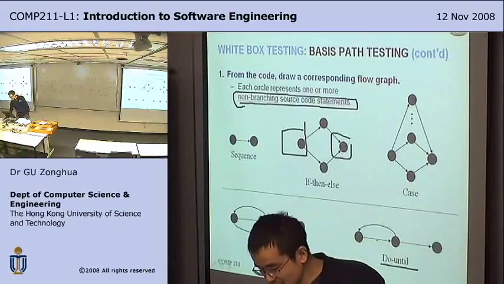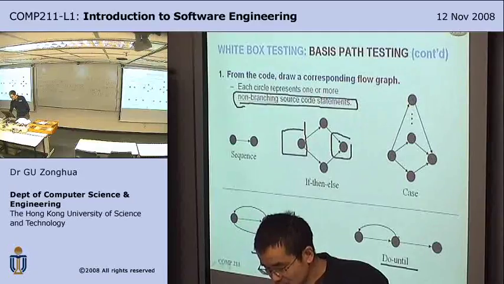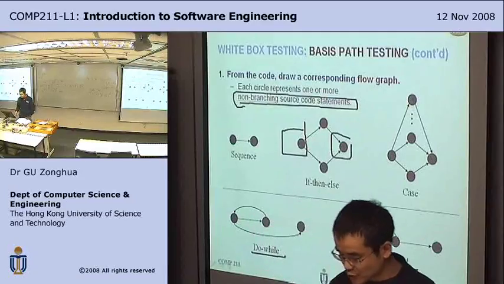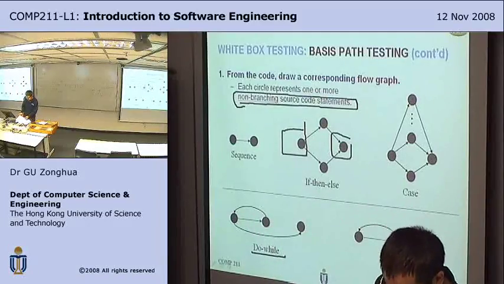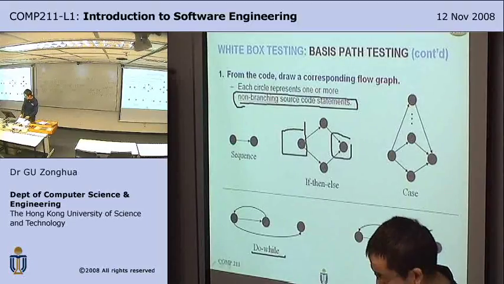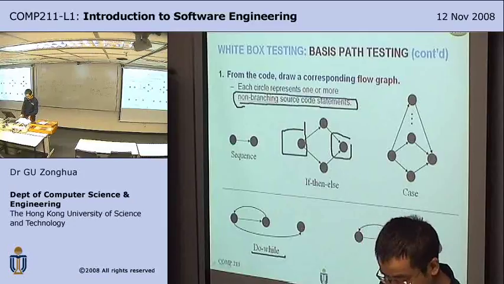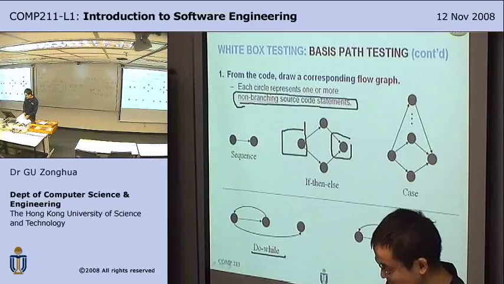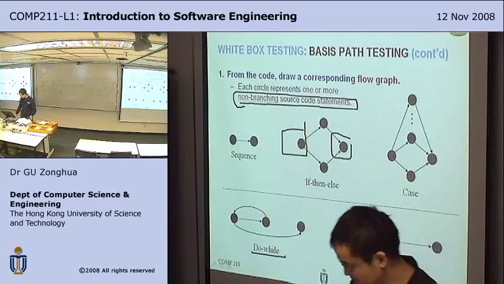Do until executes the loop at least once. So that's the difference between do while and do until. This is a keyword in older programming languages like Pascal, but I think modern languages don't have do until anymore.